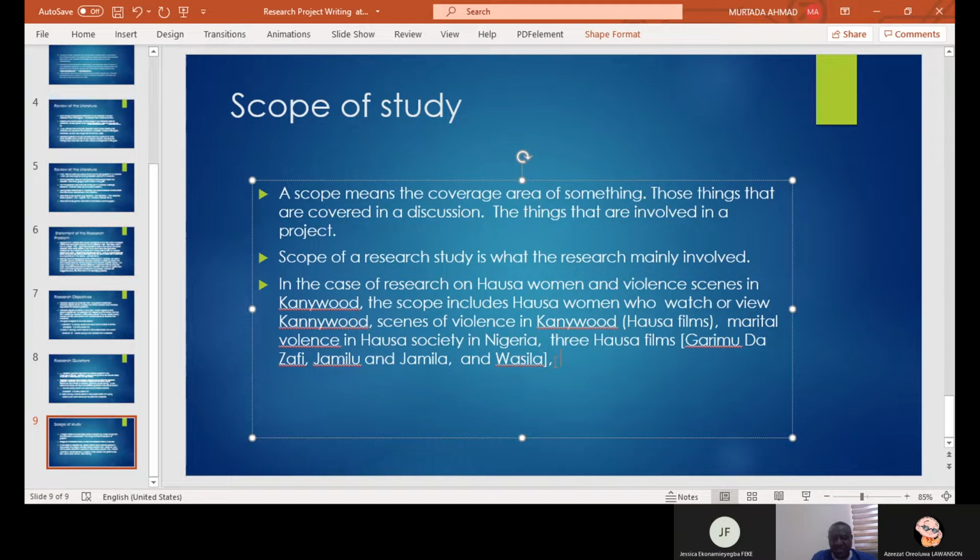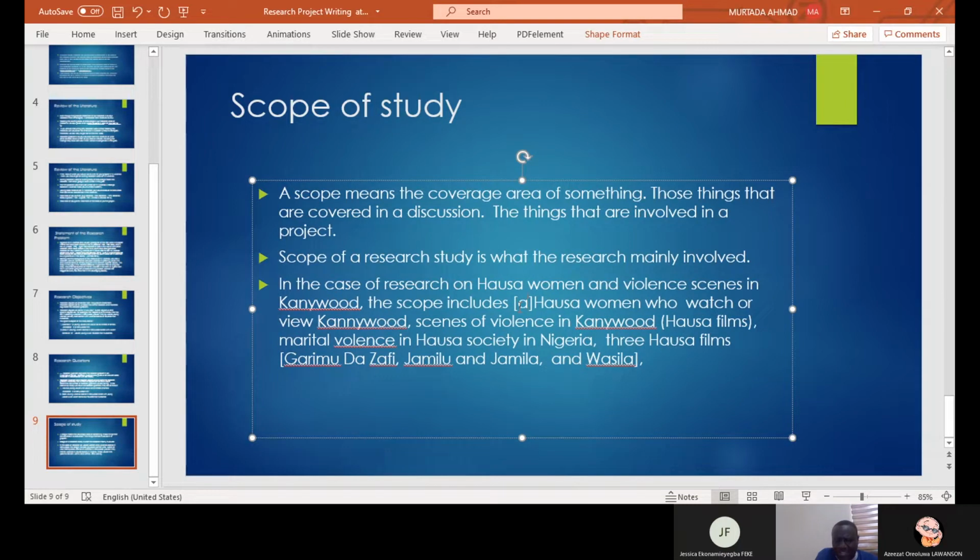So let's say we have mentioned the scope. We don't normally number it, but we can number it for the sake of pointing out those things that are involved. Number one is Hausa women who watch or view Kannywood.